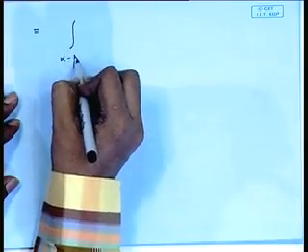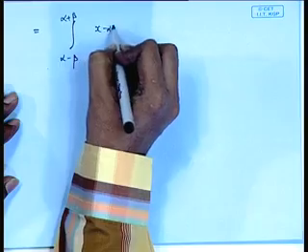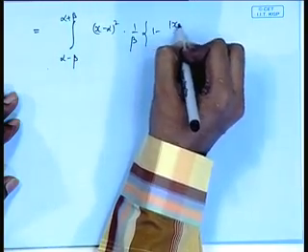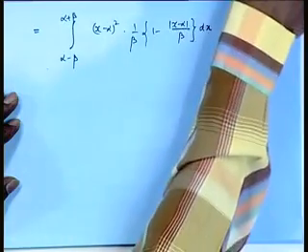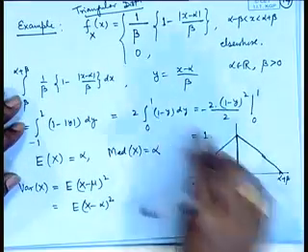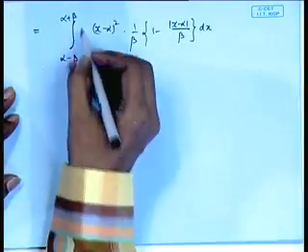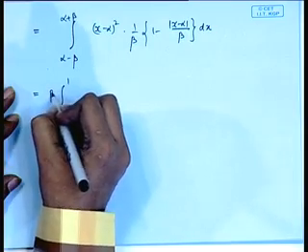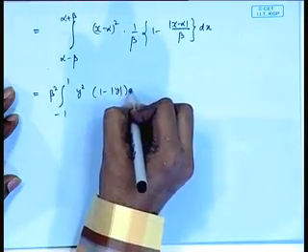So, this is equal to the integral from alpha minus beta to alpha plus beta of x minus alpha square times 1 by beta times 1 minus modulus of x minus alpha by beta dx. In order to evaluate this, we can consider the same transformation y equal to x minus alpha by beta. After substitution, this turns out to be the integral from minus 1 to 1 of beta square y square times 1 minus modulus y dy.